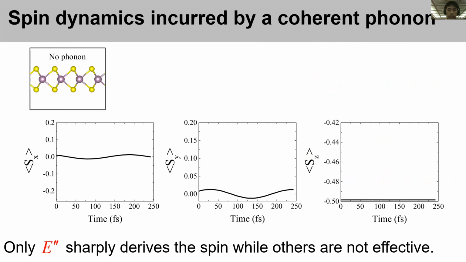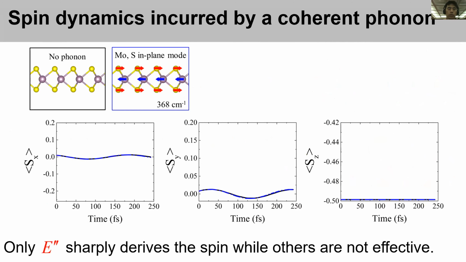And on the spin, we calculate the time evolution of spin. Please remember that we first calculated the electron spin state, and by taking the expectation value, we calculated the time evolution of spin.